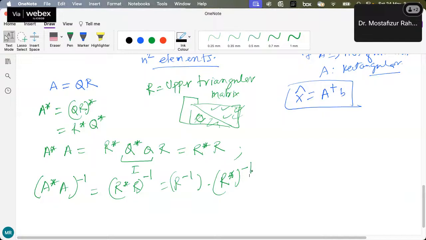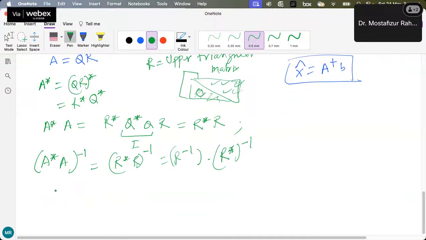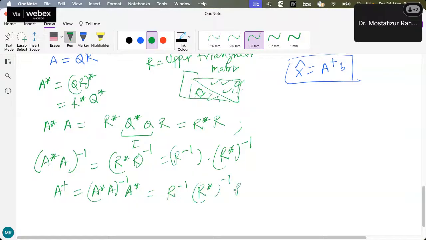Now my formula becomes A dagger equals A star A whole inverse A star, that is R inverse R star inverse R star Q star, and this part is again an identity matrix. So you are left with only R inverse Q star.